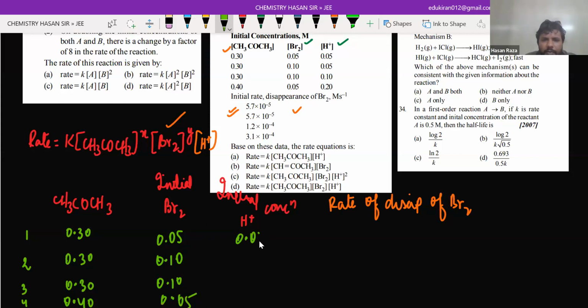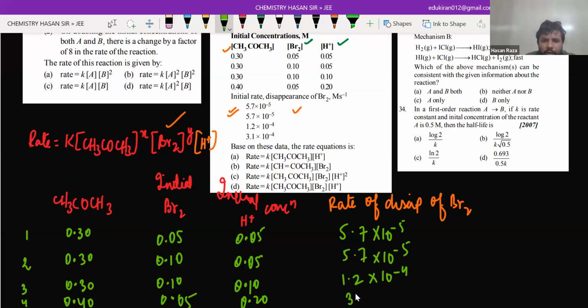After this, H plus is 0.05, 0.05, 0.10, and then 0.20. After this, the rate of disappearance that is given is 5.7 into 10 raised to the power minus 5, again 5.7 into 10 raised to the power minus 5, 1.2 into 10 raised to the power minus 4, 3.1 into 10 raised to the power minus 4.